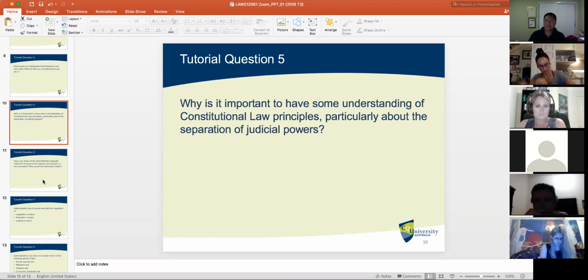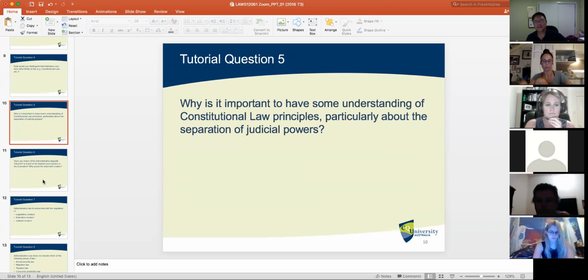Very good. Thank you. What do the others think? Why is it important to have some understanding of constitutional law? This has something to do with the legal concept known as matter. In order to take an action, you have to have standing. Depending on who you are in the dispute would depend if you have a matter in the case.